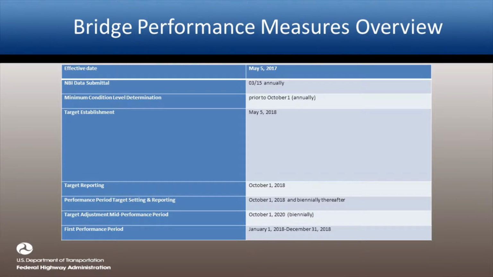All right, something that everybody's probably interested in are some key dates. So the effective date for the performance measures was May 5th of this year. That's when the rule went into effect. One thing that everybody needs to keep in mind is, because of the extra requirements we have now to do some calculations and look at the penalties and those kinds of things if they're going to be there, we're going to have the data a little bit earlier than we normally have.